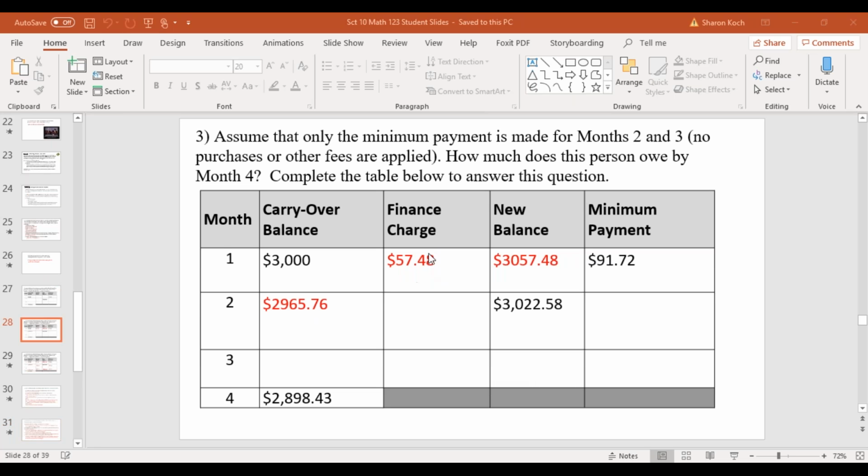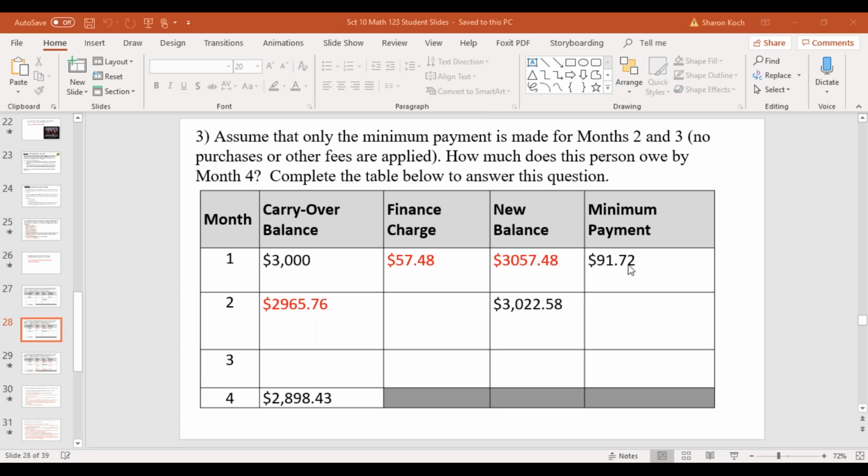Okay, so here's the numbers we already just calculated. Our new balance is basically add these two together, the finance charge plus the carryover balance. That's my new balance. And remember, my minimum payment is based on the new balance here.